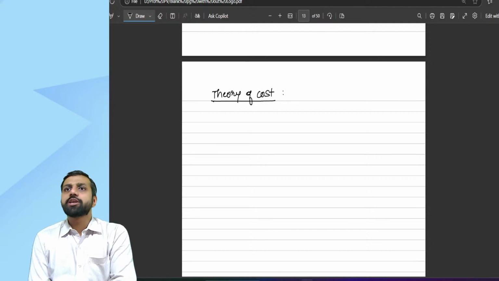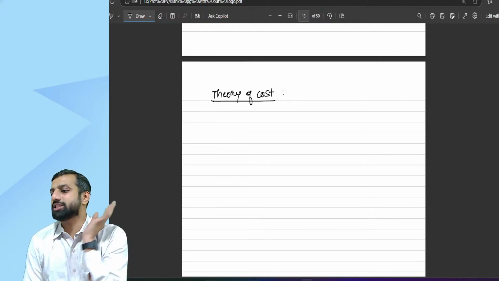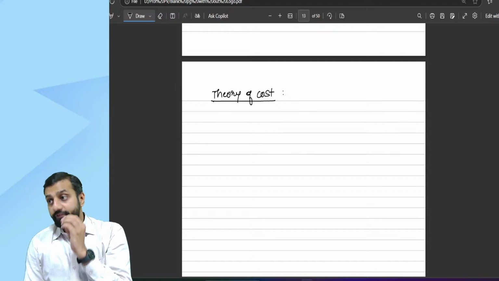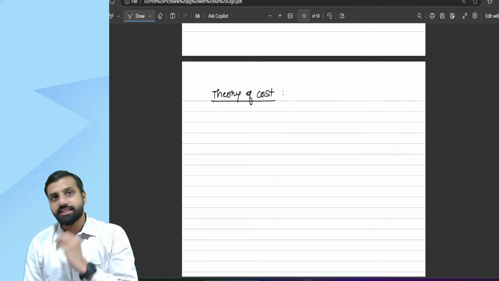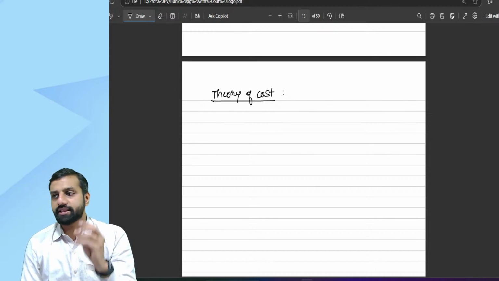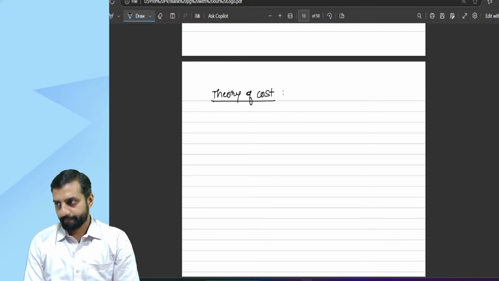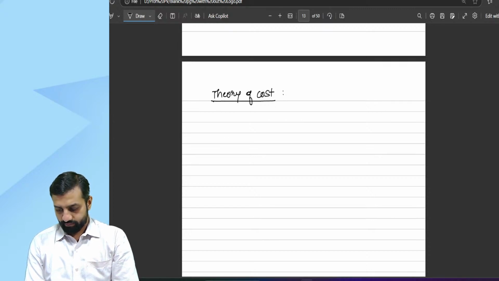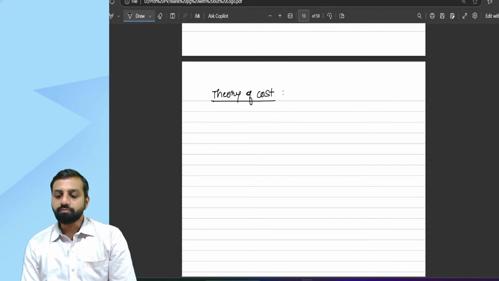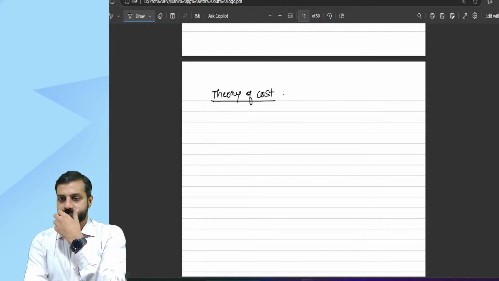What I am giving you is an outline of the entire chapter. If there is something specific, you have to ask me, sir, can you please explain this concept? Nandini is clear. Surya is also clear.